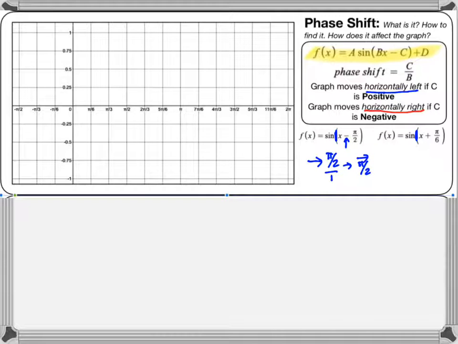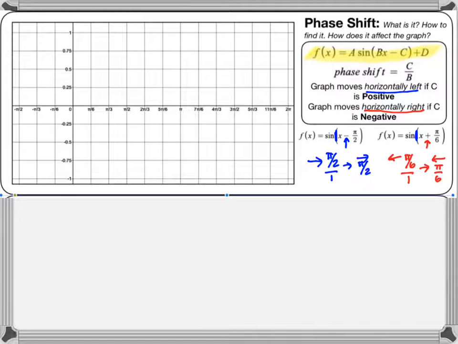I'm just going to figure out these phase shifts first, and then we'll put them on the graph in a moment. For this one, I notice that this is going to be positive, so I know it's going to be going to the left, okay? And that will be pi over 6 divided by 1, and I usually write it like this: the phase shift is pi over 6 to the left.